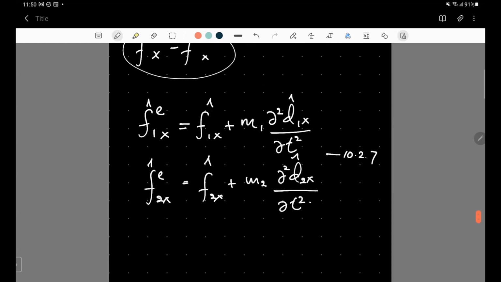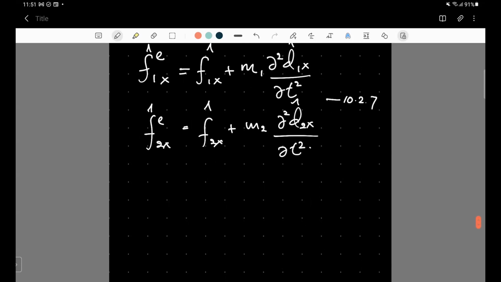Here the masses M1 and M2 are generally obtained by lumping the total mass of the bar equally at the two nodes. So we call it the lumped mass matrix, or lumped mass method. How do we lump it?